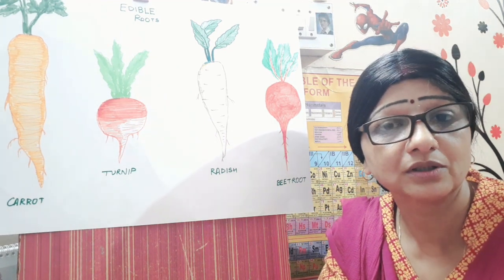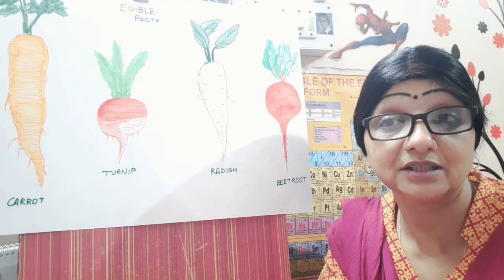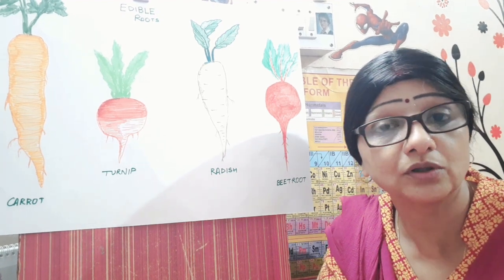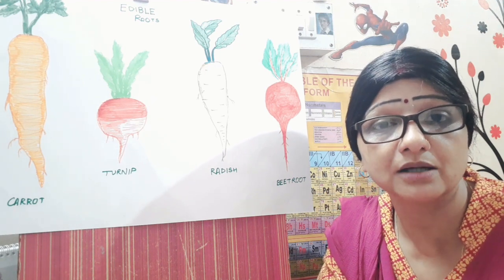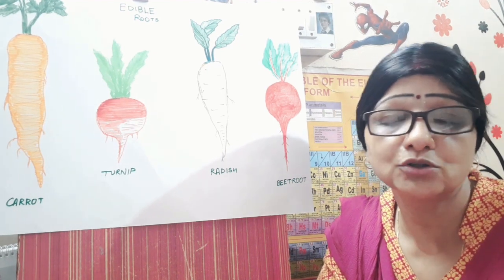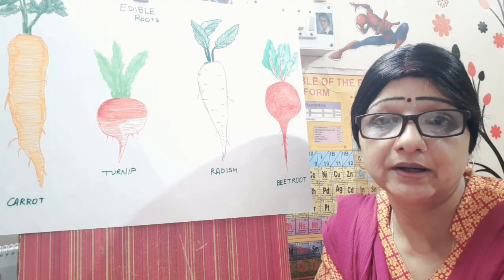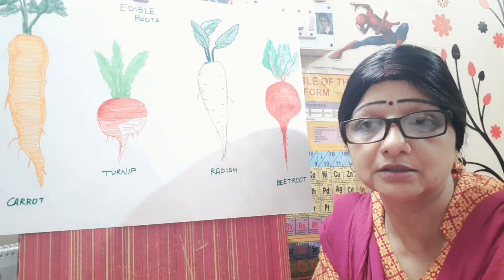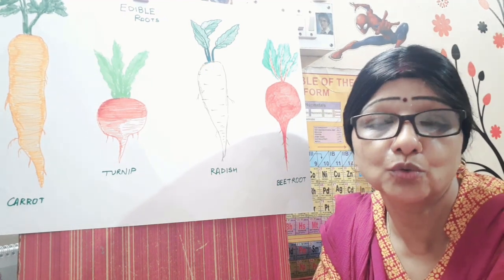As you know, the leaf prepares food for the plant, and the food is used by the plant to develop all its other parts. When the food is prepared and consumed by the plant for its development, the rest of the food is stored.